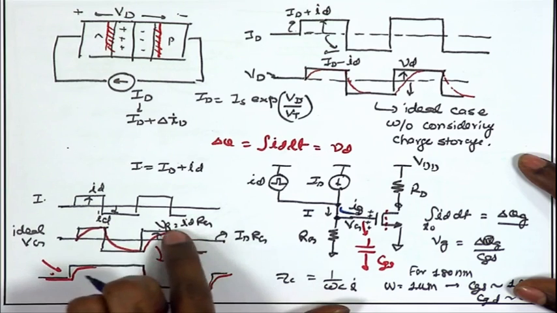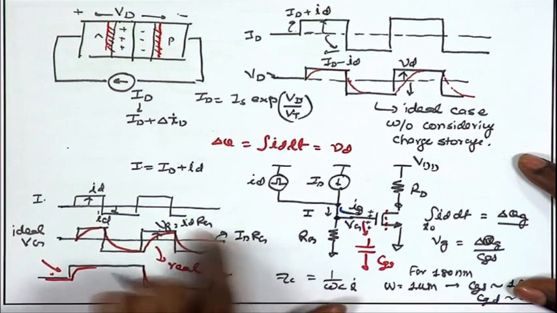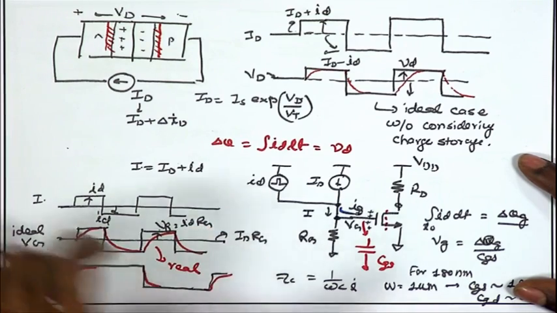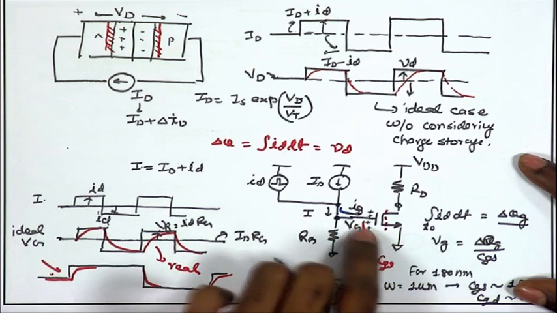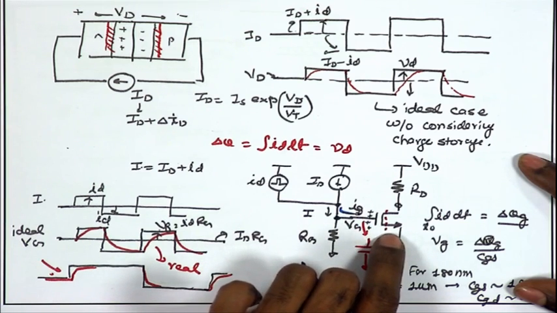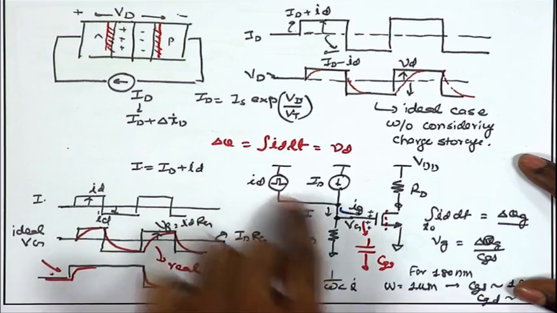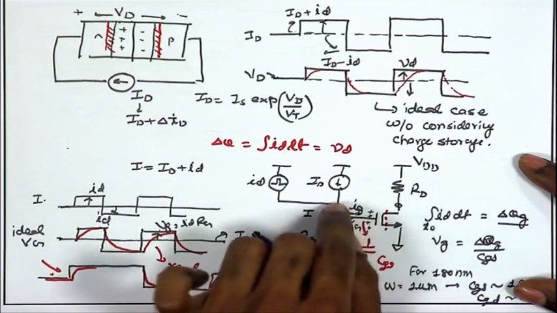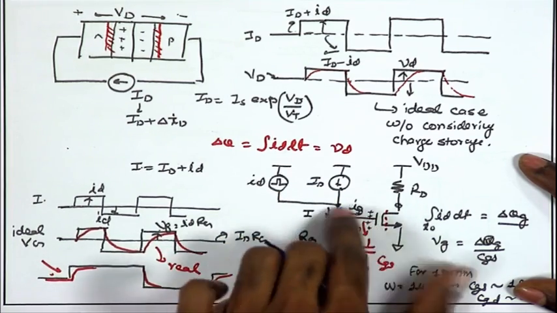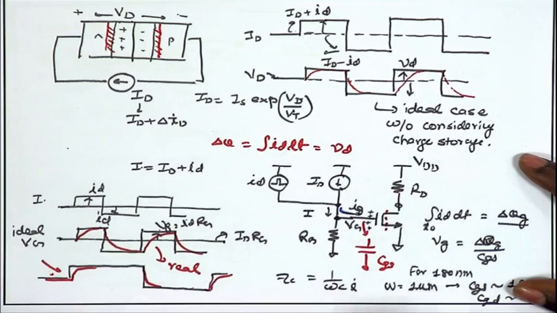For a long duration, if I apply this additional ID, the final value should settle to ID RG plus small ID RG, but that additional voltage will mandate more positive charge on the gate and more negative charge in the channel. And that means that initially when you are increasing the ID to ID plus delta ID, some amount of the current or some amount of the positive charge will be stolen by this gate to increase the positive charge count and hence increase the voltage. It will not happen instantaneously.